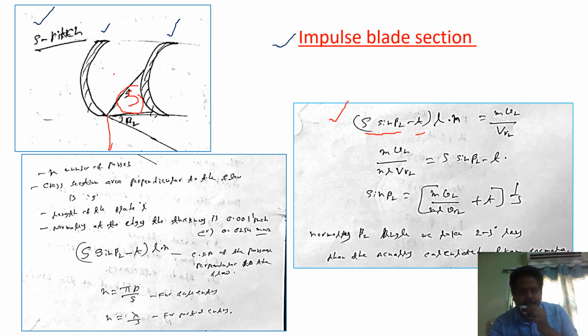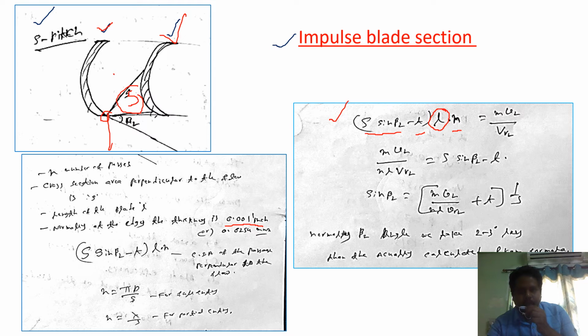So this blade will have edges, and the thickness of the edge would generally be 0.001 inches, multiplied by the length of the blade L, and n is the number of passages. In this particular figure it has two passages, but it may have n number of passages.